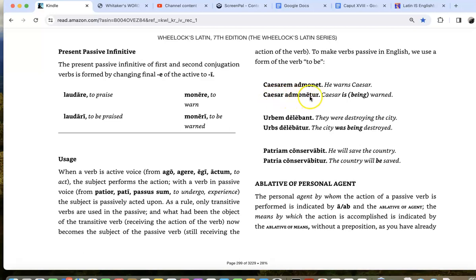Caesar admonetur, Caesar is being warned. Another example, active, they were destroying the city. But if we put this same idea into the passive, the city becomes the subject, urbs delebatur.